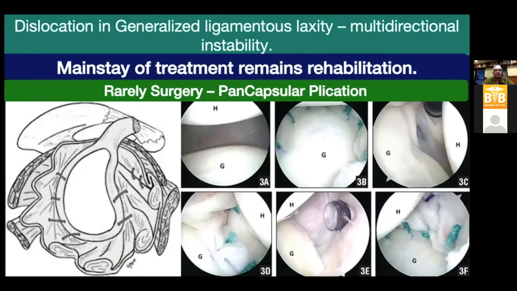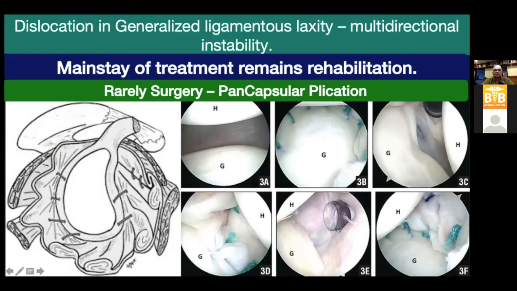But dislocations in generalized ligamentous laxity are usually multi-directional. So we have to actively search for the directions in which the shoulder can dislocate. If you repair only the anterior part, there is a possibility that the shoulder will dislocate posteriorly. That is why it is essential.